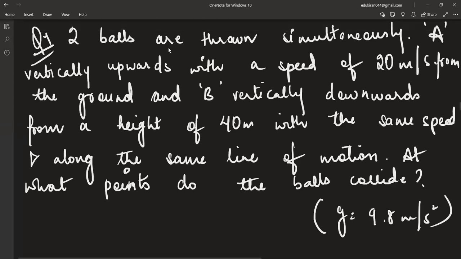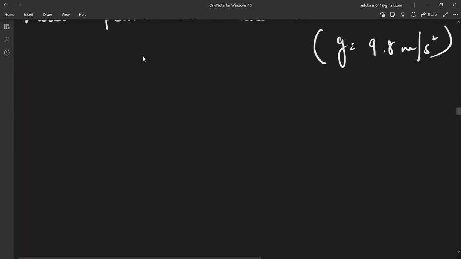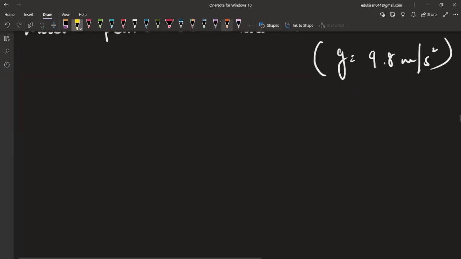See, two balls are thrown simultaneously. A is thrown vertically upwards with 20 meters per second. Suppose, let's say, a tower or something is there.